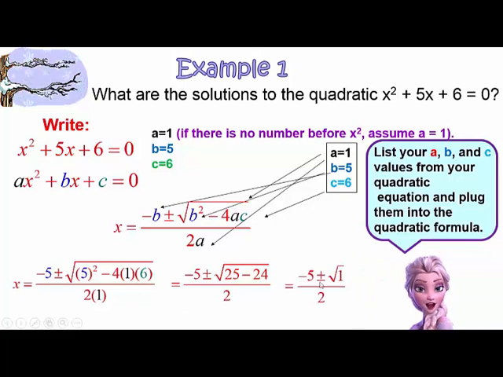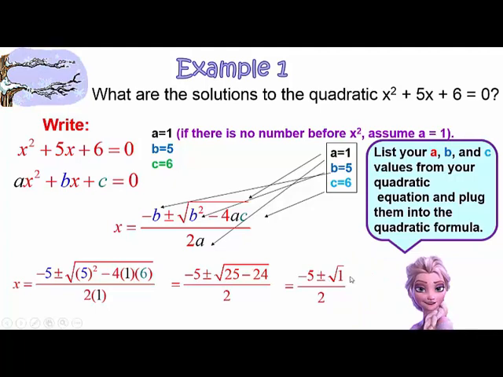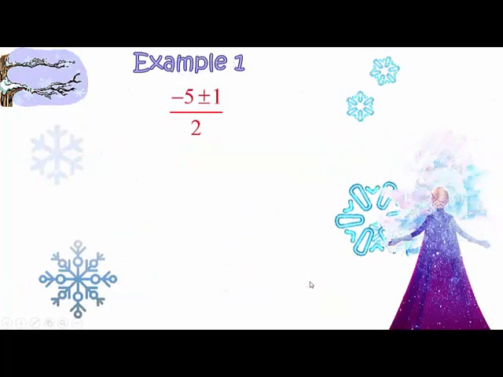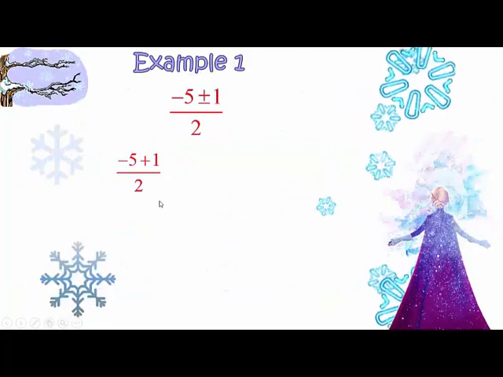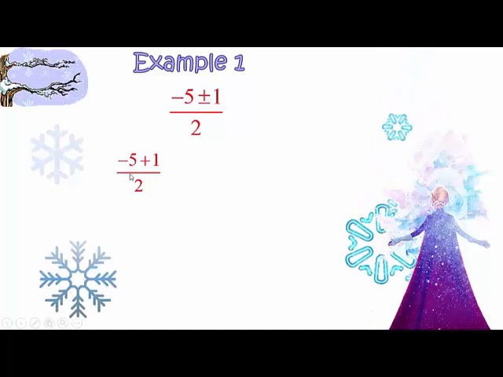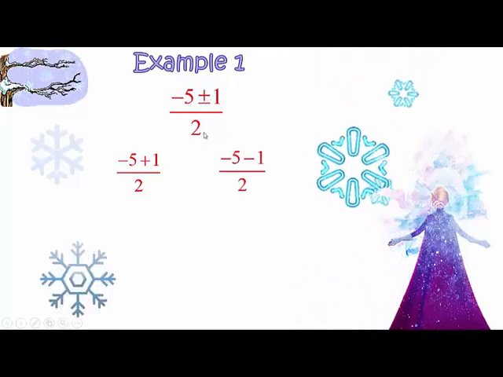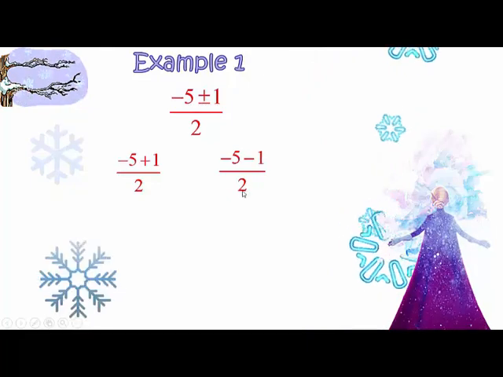So here we have, and this tells us that there are two answers, because we know the square root of 1 is 1, so the two answers are going to be negative 5 plus 1 over 2, and then negative 5 minus 1 over 2.